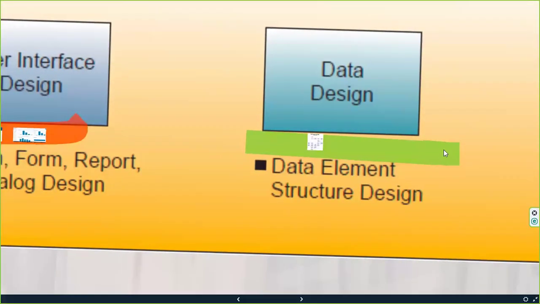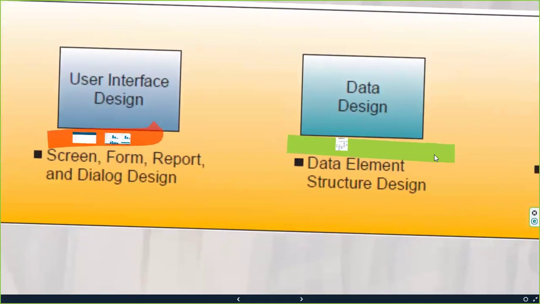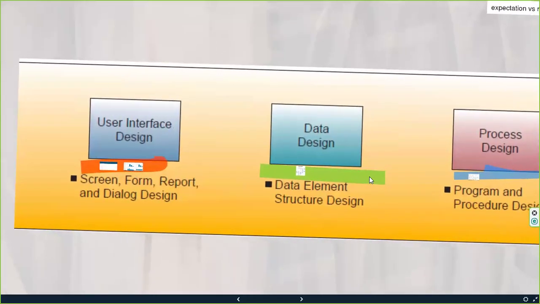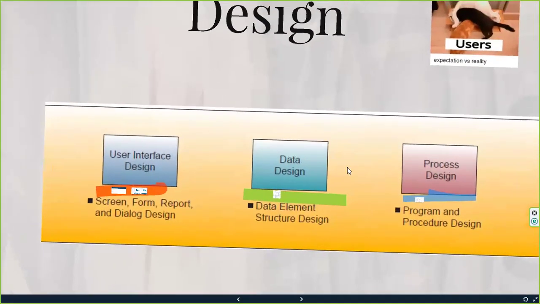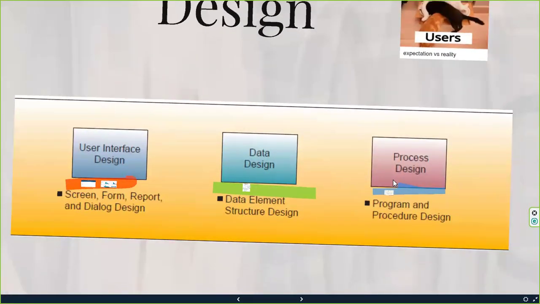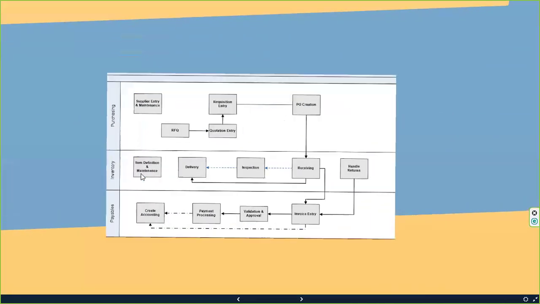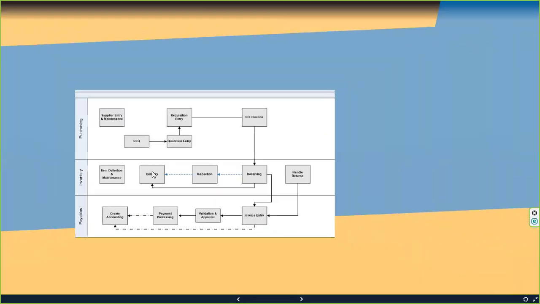When any software firm develops a system, they must have it. Without this, they cannot complete the system development. So next time, keep in mind that if you want to understand how the software runs, you will definitely ask for a data flow diagram and a process flow diagram. Please share them.